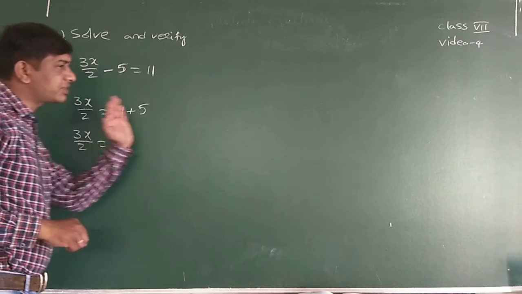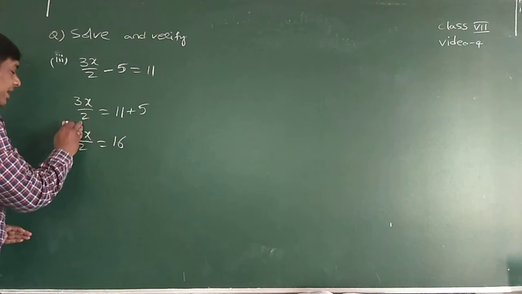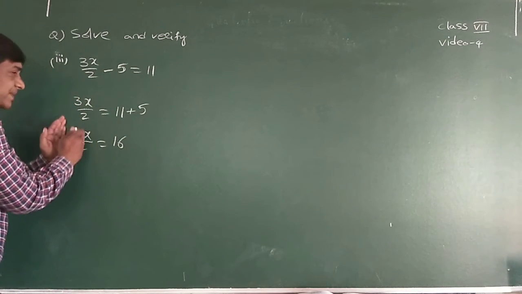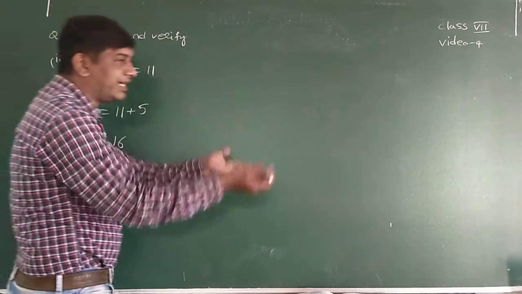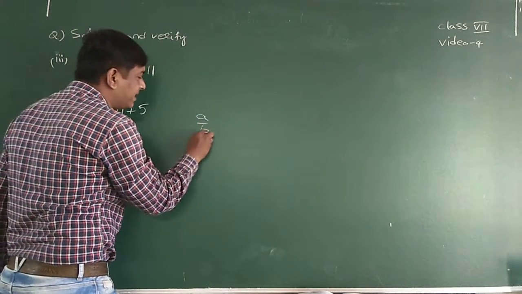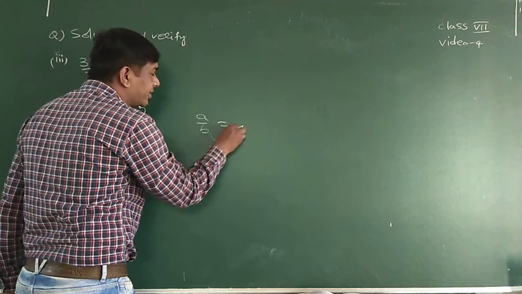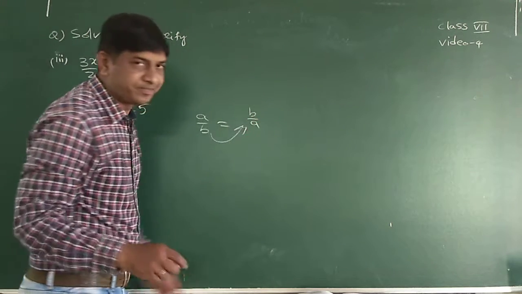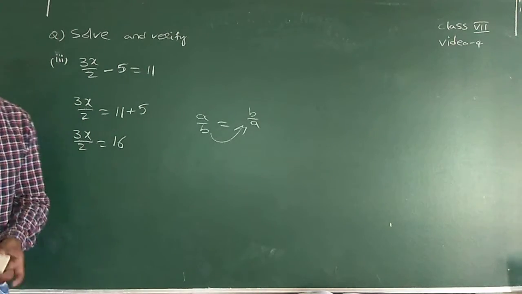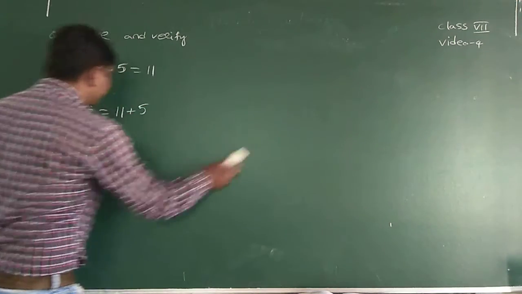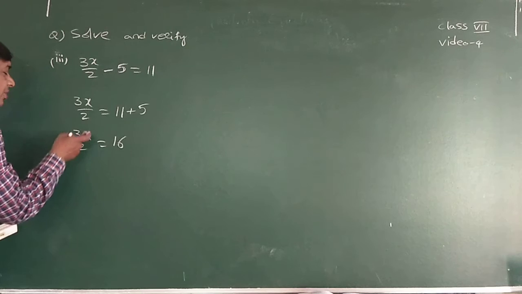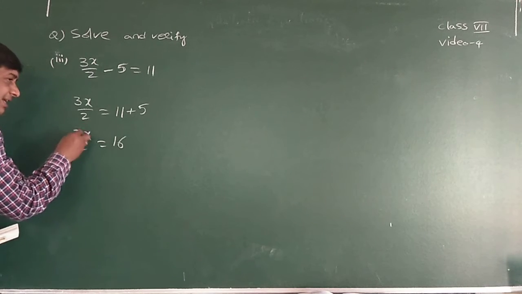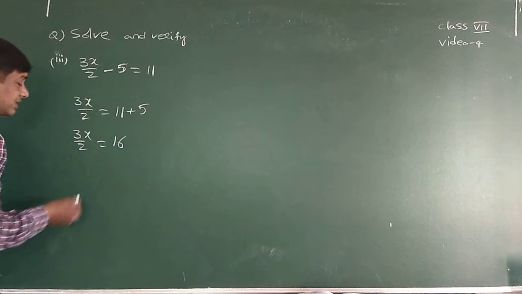Now 3 by 2 transposes to the other side. When you transpose a fraction to the other side, it becomes its reciprocal. Suppose a by b is there. When you take a by b to the other side, it becomes b by a. In the same way, in 3x by 2, except x, all the rest we transpose to the other side.